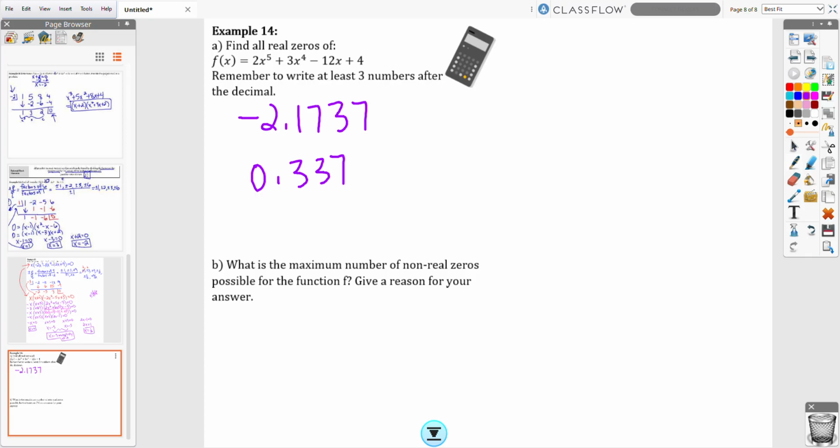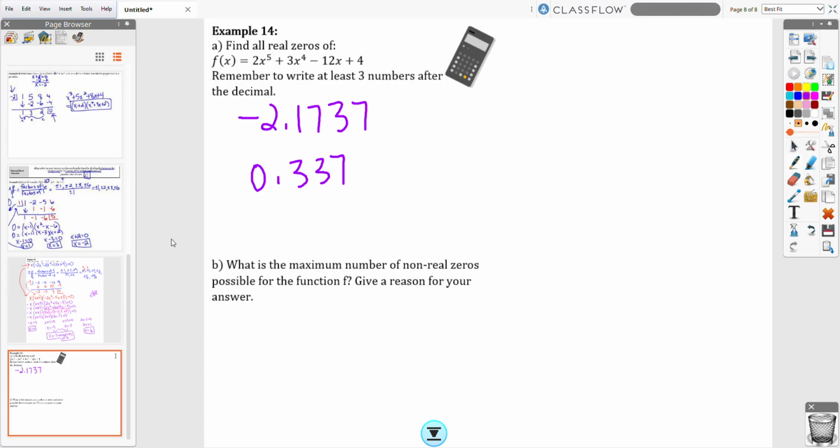All right, so let's find the third and final 0 there. So anytime you're calculating something from the graph, you hit second trace. We're finding zeros, so we're selecting number 2. Now our cursor needs to be closer to the x-axis we're looking for, but we need to be to the left of it. So to the left of it would be down here this time. So I'm going to hit enter.